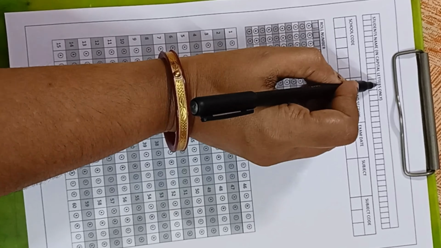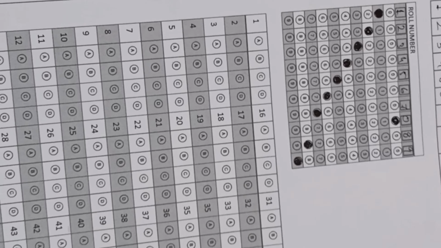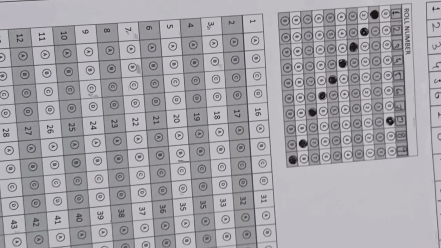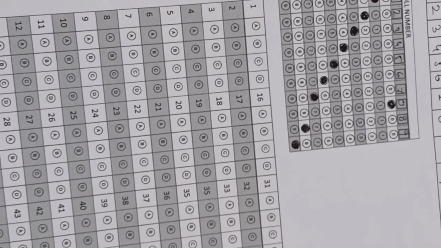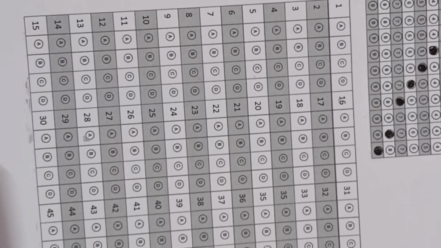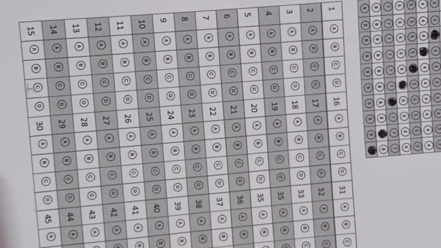First you mark in the question paper which option is correct. For mathematics you do rough work, you will get a rough page. First you do your maths on the rough sheet, then whichever option is correct you put in the question booklet. You have to tick mark in the question booklet.